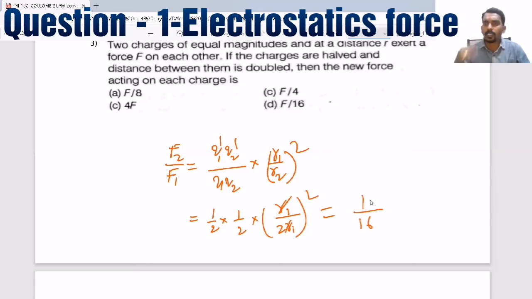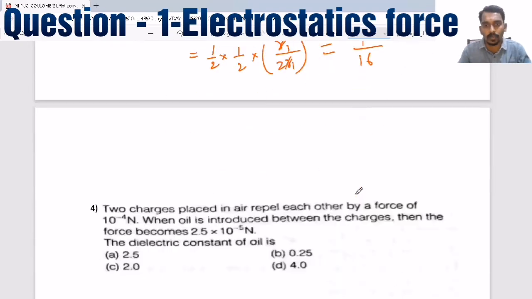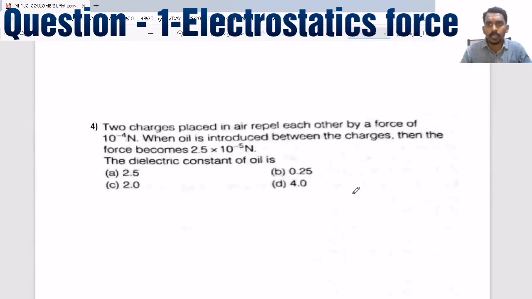So this way either charges change alone, or distance changes alone, or both change, depending on the question. Now here comes one question based on the medium. Two charges placed in air repel each other by a force of 10 power minus 4 Newton. When oil is introduced between the charges, the force becomes 2.5 into 10 power minus 5 Newton.